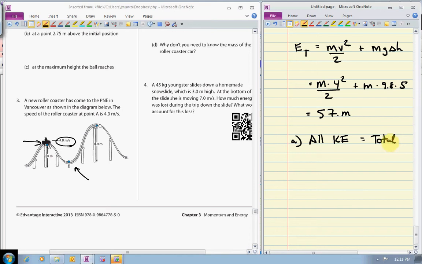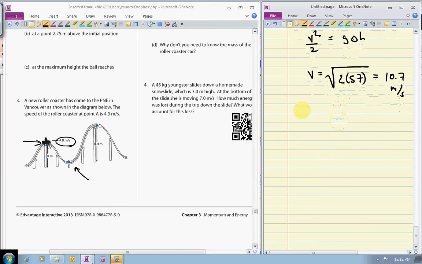Either way, we know that the kinetic energy is equal to this value. And since we don't know the m and we don't need it, v squared over 2 is equal to g delta h, we can simply say that v is equal to the square root of 2 times 57, and we will get 10.7 meters per second.